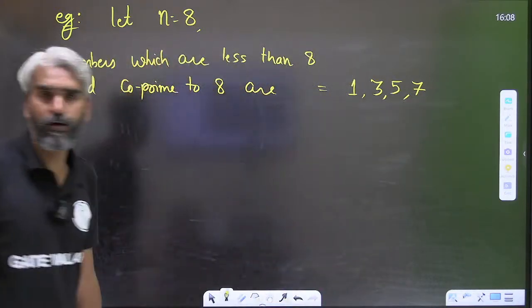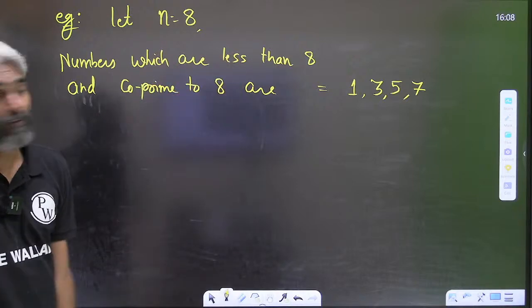So these are the 4 numbers which are less than 8 and co-prime to 8.